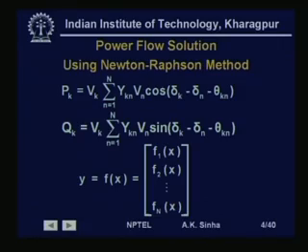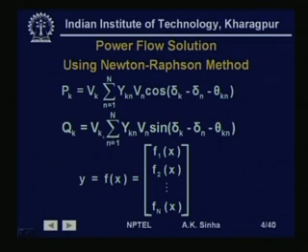As we had seen in the last lesson, the power flow equations in terms of real and reactive power injections at any bus k are given by these relationships, which are a function of the voltage magnitude at all the buses and the voltage angle at all the buses, as well as the admittance magnitude and angle for the transmission network.